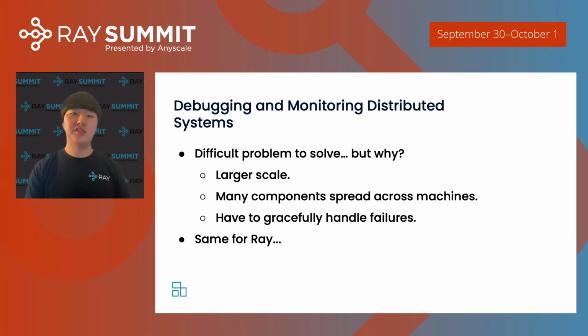Lastly, because failures in distributed systems should be handled gracefully, they are not detected right away, but are discovered at a later time. Because otherwise the whole system will fail by just a single component failure, which is not desirable. And this is something that Ray users also face when they build distributed applications. This is an inevitable problem.